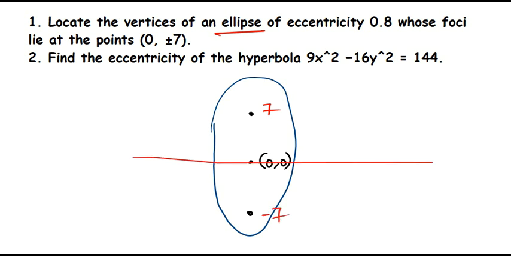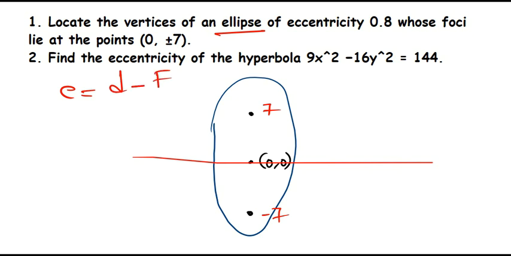What are we told? We are told to locate the vertices of an ellipse of eccentricity 0.8 whose foci lie at the points 0, plus or minus 7. How do we do it? So the other formula that we should know is eccentricity is given as, what did we say?